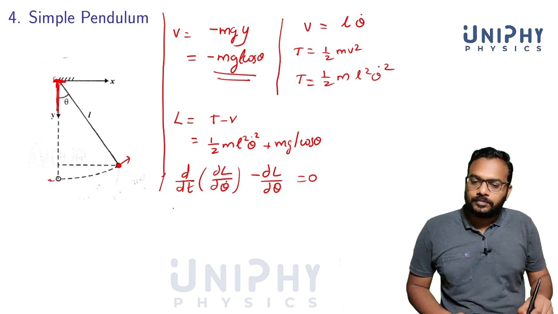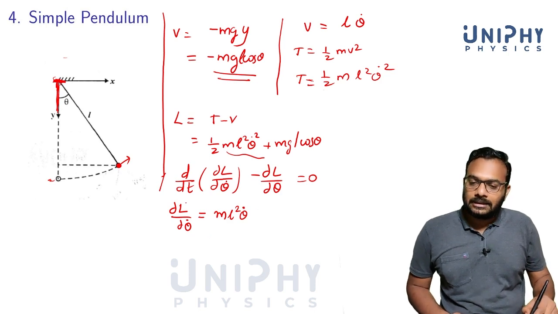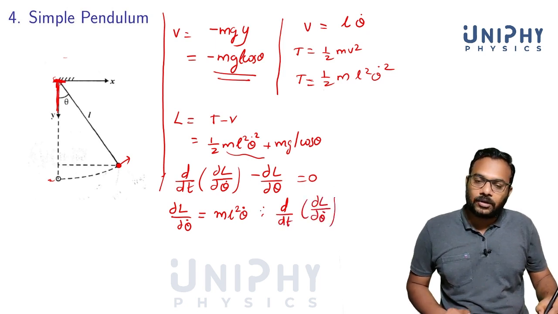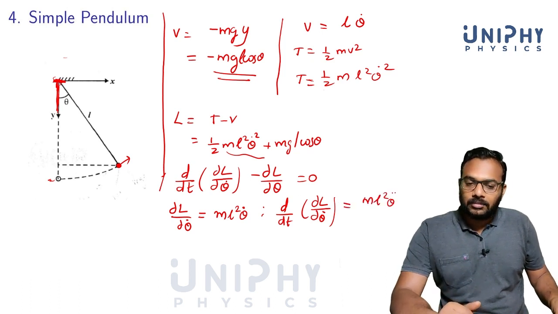You just take the derivative with respect to theta dot, and you see that it is equal to m L square theta dot. Now if you take d by dt of dou L by dou theta dot, since L is a constant, this becomes m L square theta double dot.